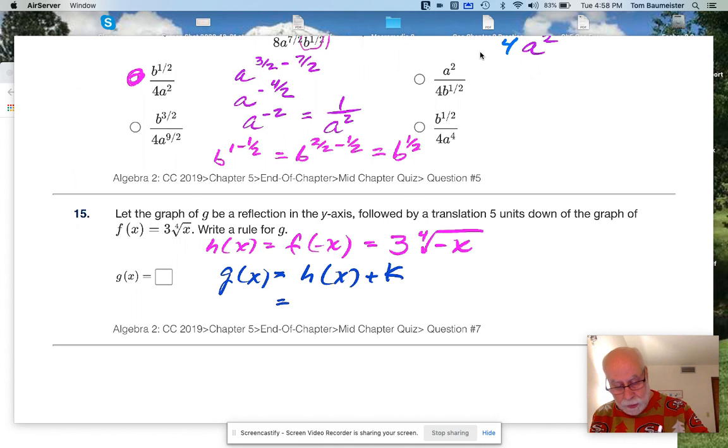So then we're just going to take our h of x, which was 3 times the 4th root of negative x. And then 5 units down would make it negative. Let me make that 3 in front be just a little bigger. And there's your answer for that.